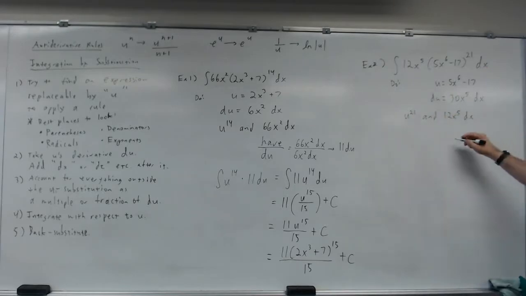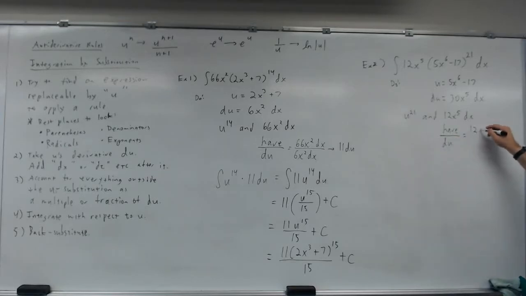Half over du, that's going to be 12x to the fifth is what I have. du is 30x to the fifth dx. So that's du, and that's what I have. Well, that reduces to 2/5.